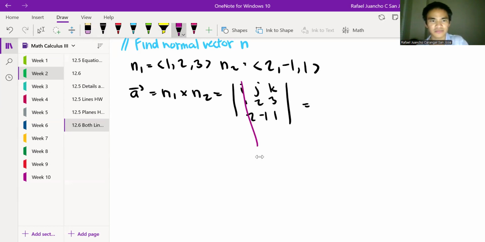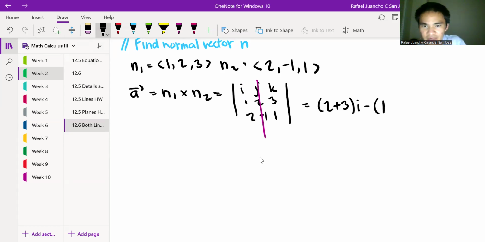Cross out the I. So what do we get? 2 minus -3. 2 plus 3, I minus. Then we do the J this time. So we have 1 minus 6, 2 times 3. J plus, and then we have K.